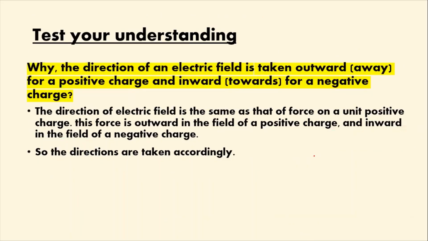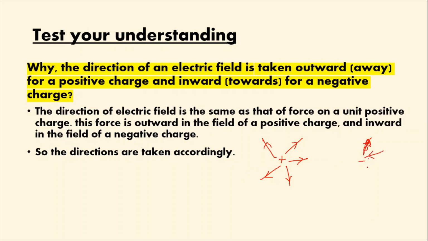So now, with the understanding of how to draw electric field lines, let us discuss few questions. Why is the direction of an electric field taken outward for a positive charge and inward for a negative charge? See, if you take a unit positive charge, you always draw the field lines outwards. That is the convention. And similarly for a negative charge, it is drawn inwards.